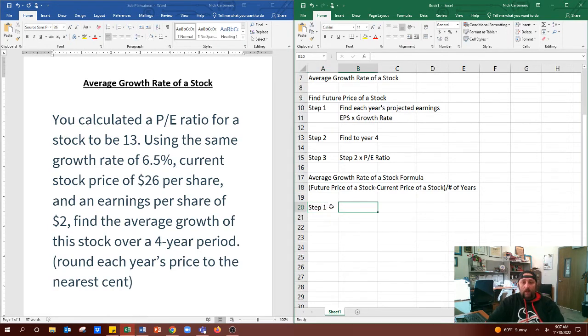So step number 1 says find each year's projected earnings by using earnings per share times growth. So what we can do is we can do year 1, and we could go the earnings per share is $2 right here, $2. So we plug that in, 2 times, and it's that same growth rate, so we go 1.065.